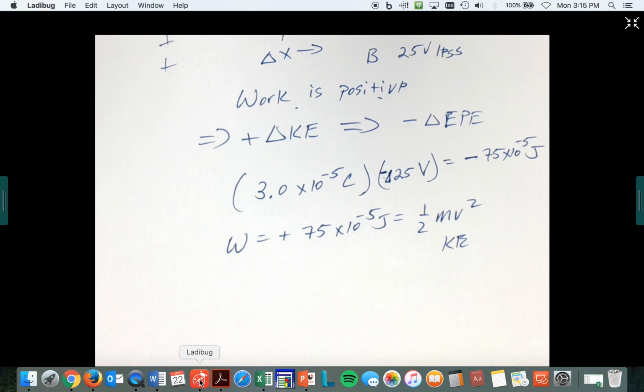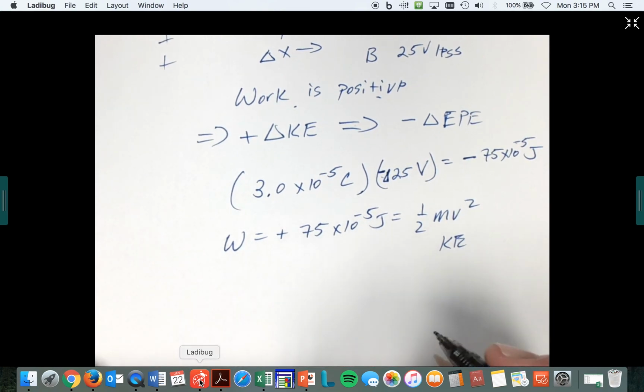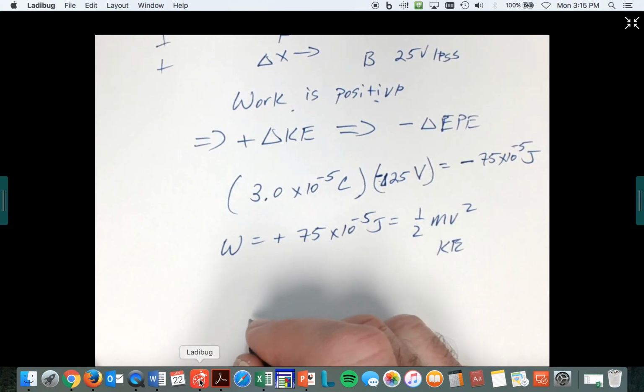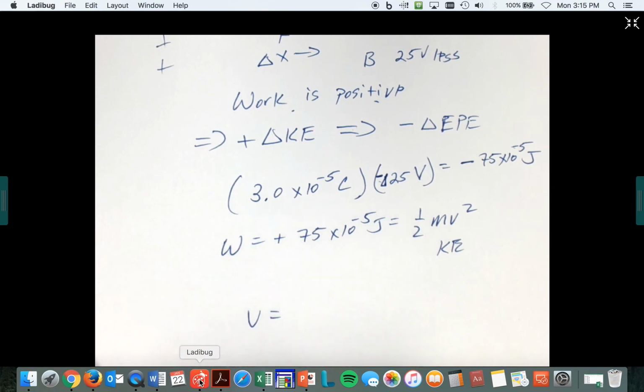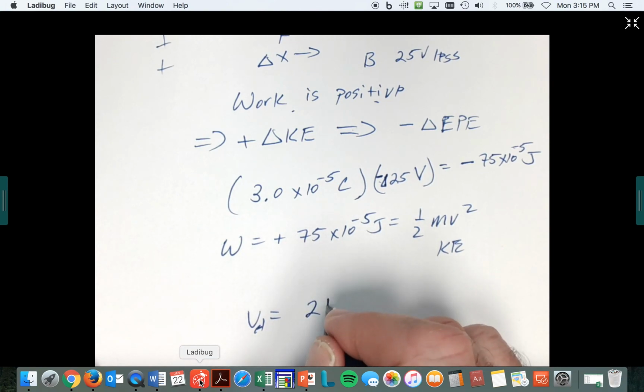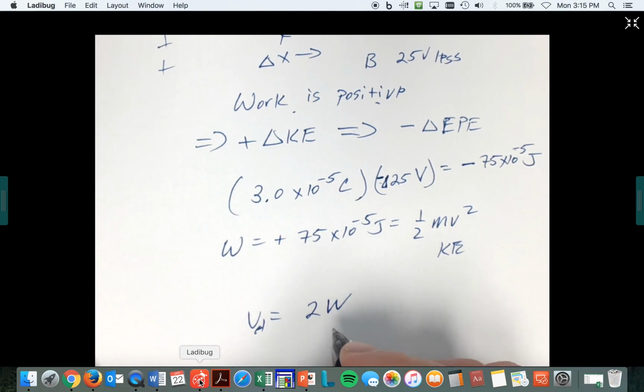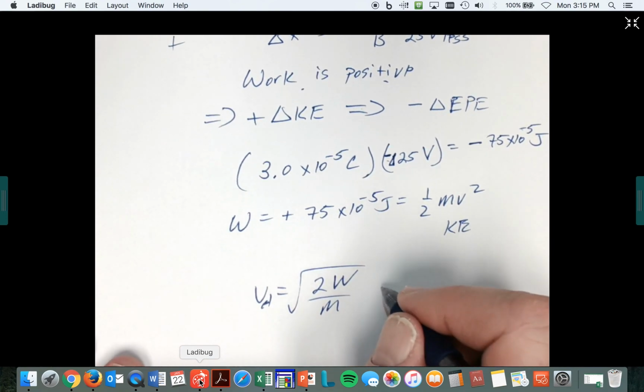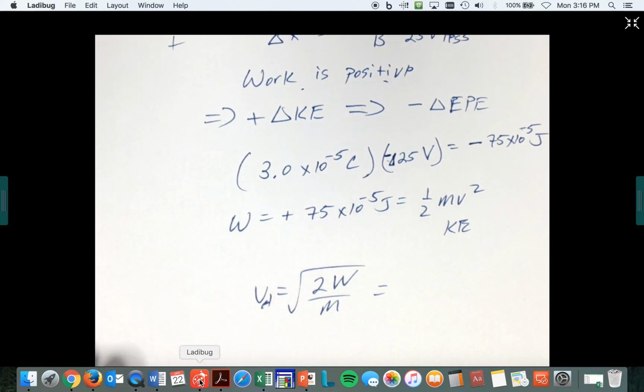Cool beans. And then to figure out how fast it's going, the velocity v is equal to 2 times the work over the mass, and take the square root of all that. So we plug all that in.